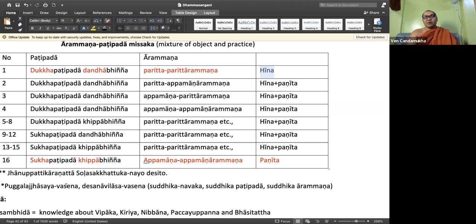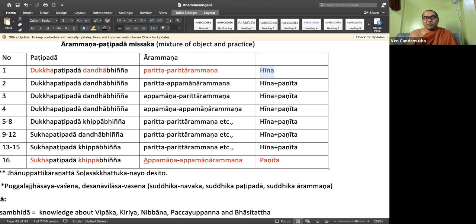It may be a paritta object or an appamana object, or whatever object, maybe the earth kasina, water, fire, air, or the black kasina. But one thing for sure is that an object should be taken.